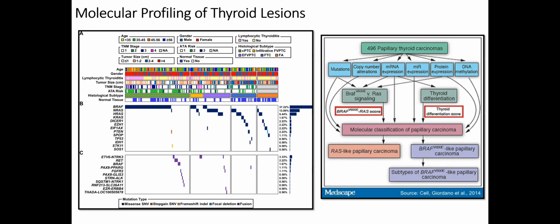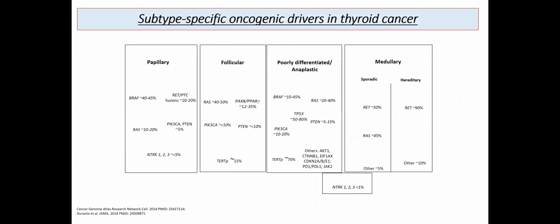Follicular pattern tumors, which are encapsulated, are more associated with RAS mutation. And that also puts in how we profile these tumors and what additional molecular changes we see in these tumors. Based upon those, you can really assess which tumors are going to be clinically aggressive.